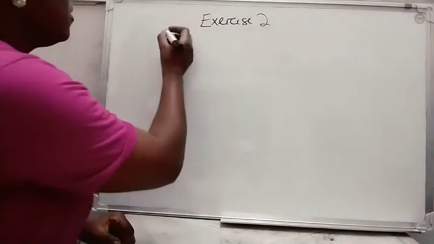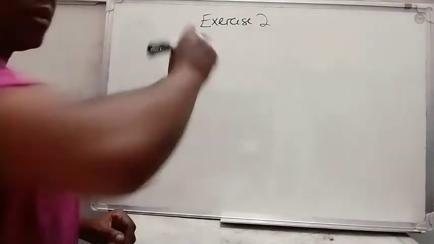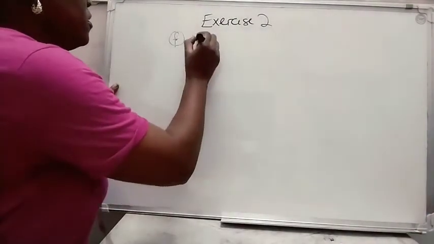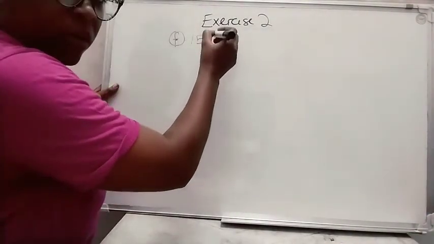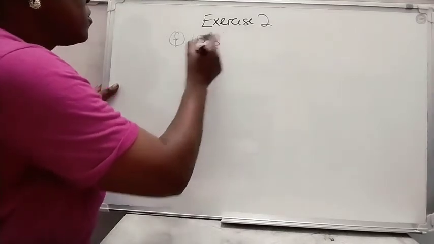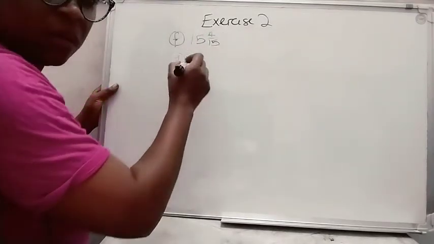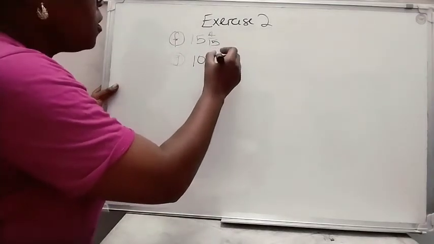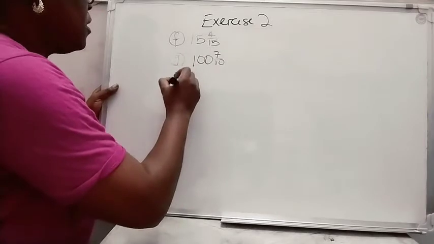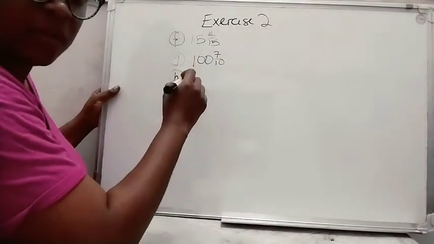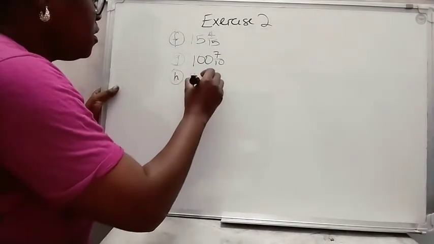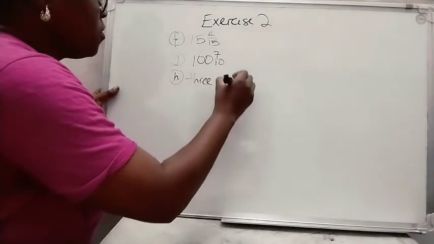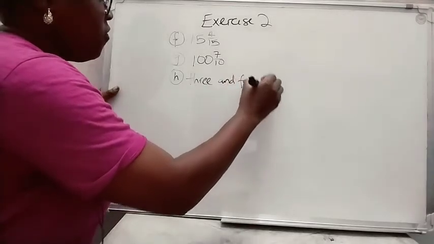So our exercise 2 has more examples. So we have F, 15 and 4 over 15. G is 100 and 7 over 10. H is 3 and 4/5.